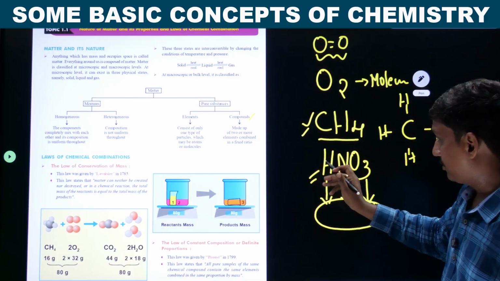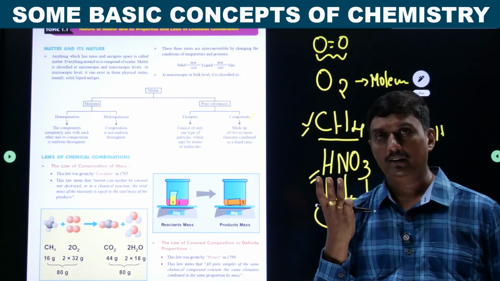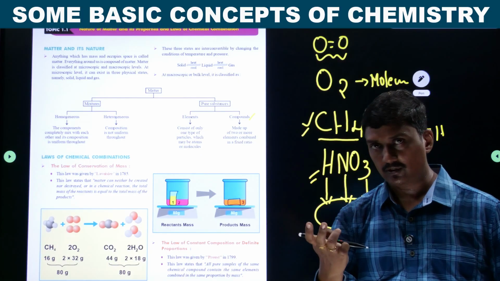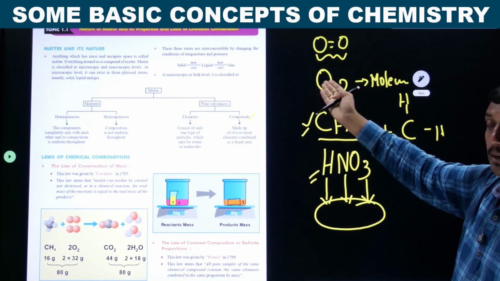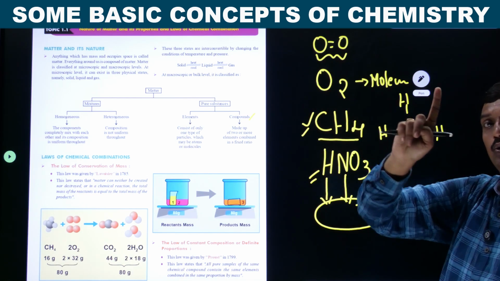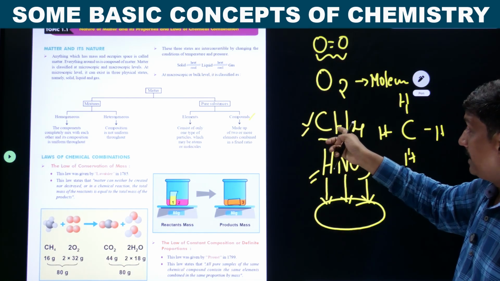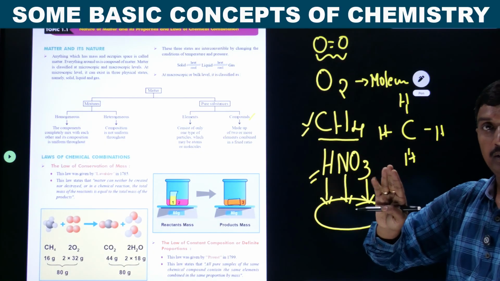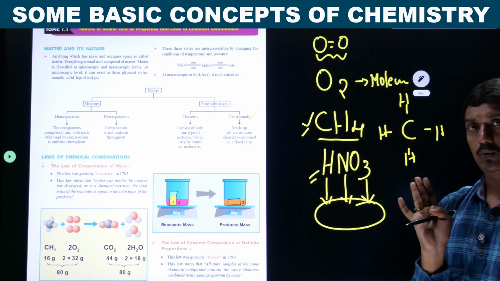Here, if I ask you a question, how many elements are in nitric acid? You say three. One is hydrogen, another is oxygen, another is nitrogen. How many elements in an oxygen molecule? You say only one, that is O, oxygen only. How many elements in CH4, that is methane? You say it is two. One is carbon, another is hydrogen.